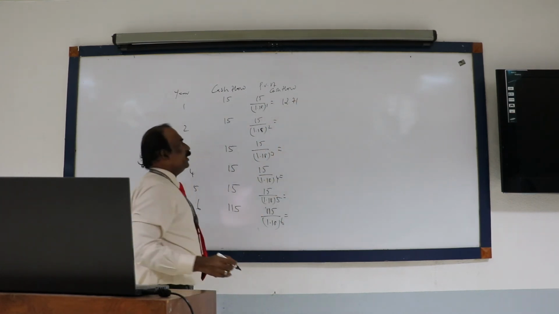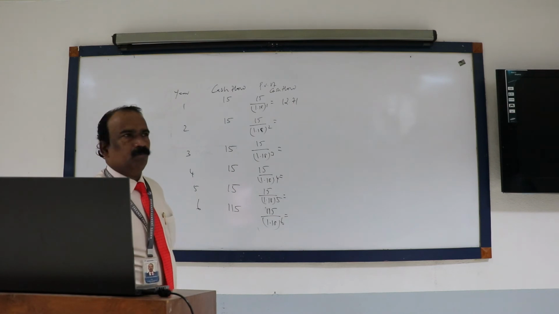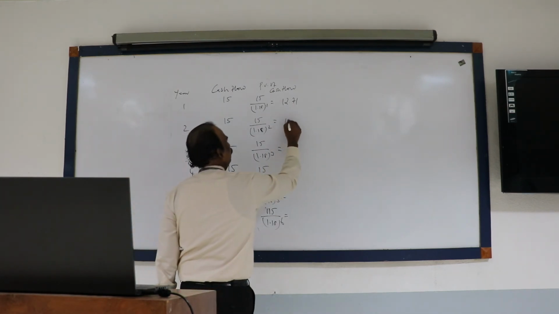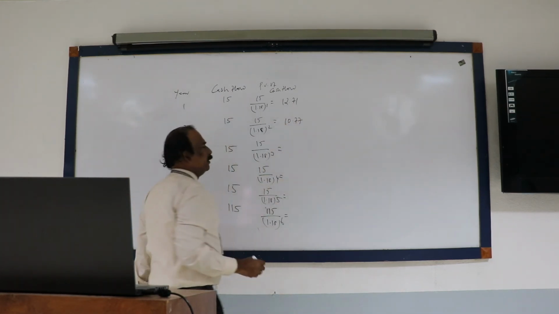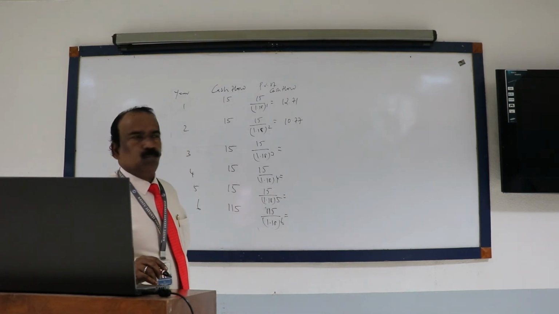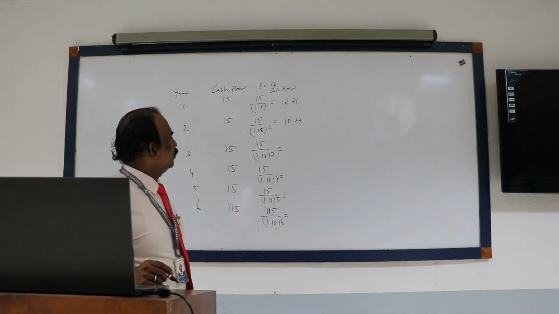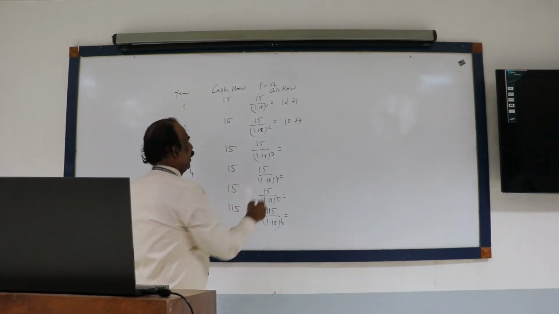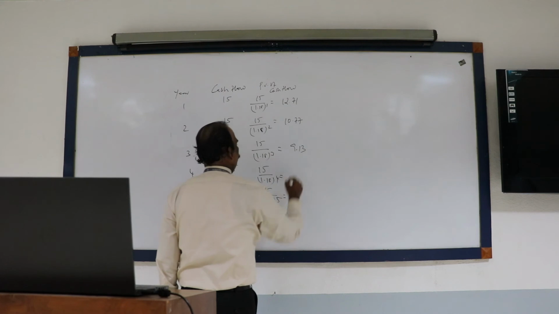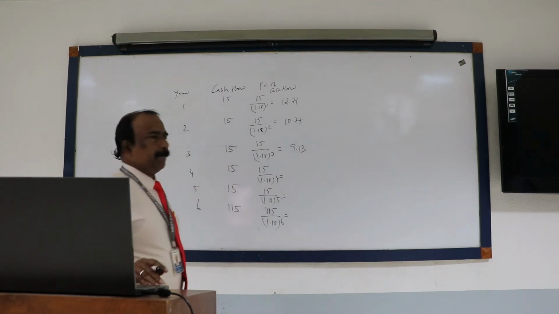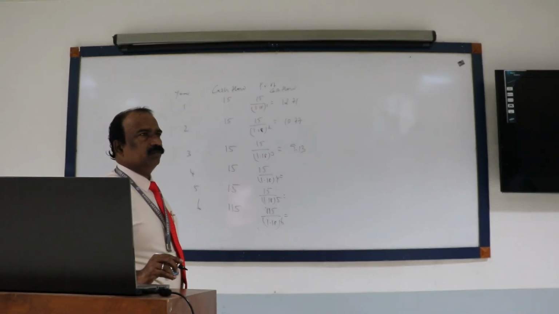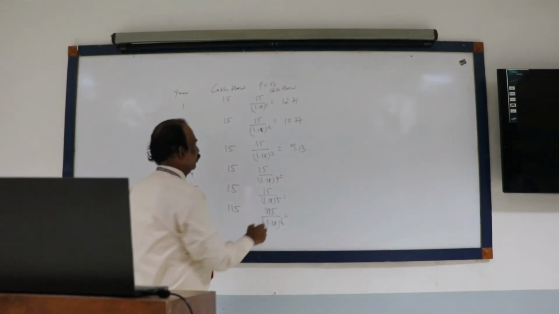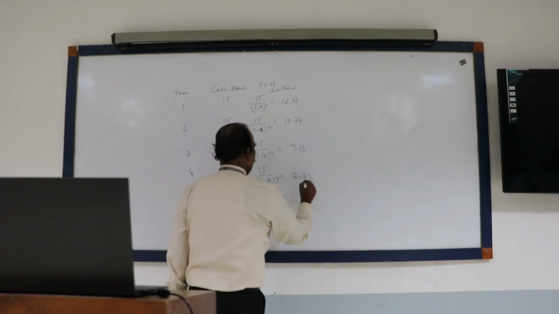12.71. Second year? 10.77. Third year? Third year how much? 9.13. Fourth year? 7.73, sir.